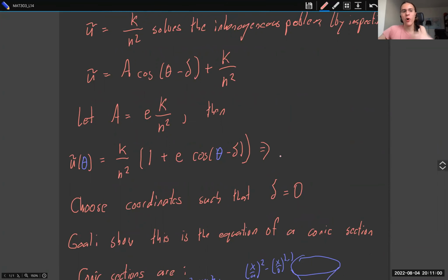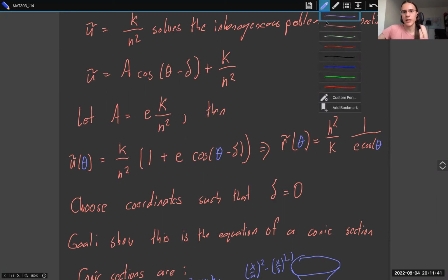So I guess that implies that r tilde, which is the function of theta, r tilde of theta is equal to, so 1 over u, we get r here, we get h squared over k, and then we get 1 over 1 plus e cosine theta. And then we're working in the system where we make delta 0.